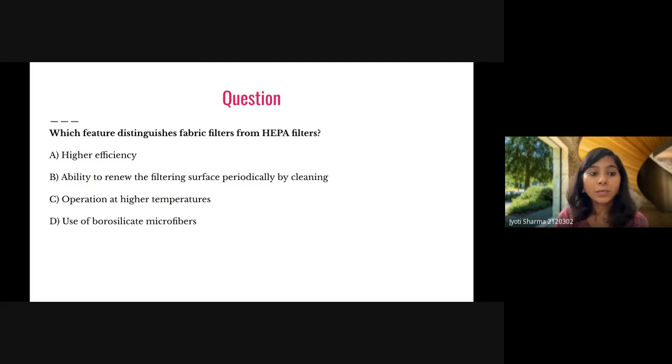Okay, so which feature distinguishes fabric filter from HEPA filter? As I told you, there is some similarity and dissimilarity in air filter, air purifier. HEPA is a type of air purifier.